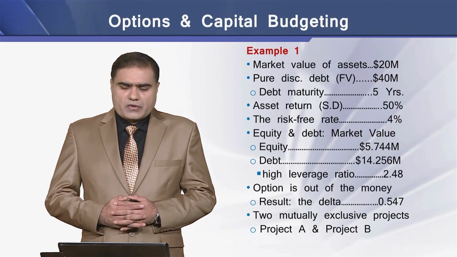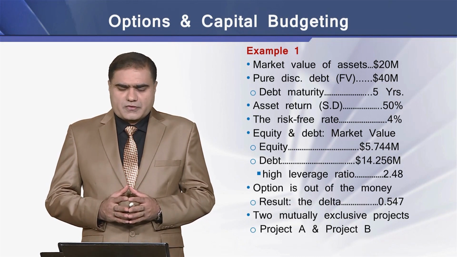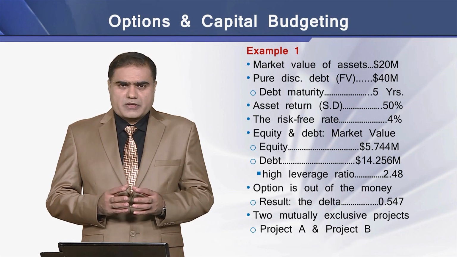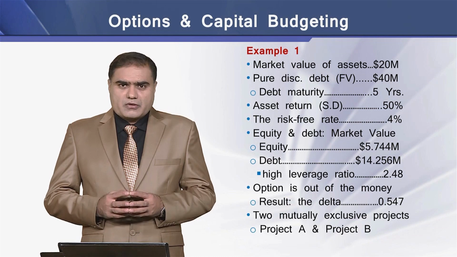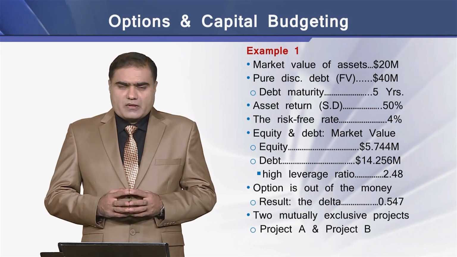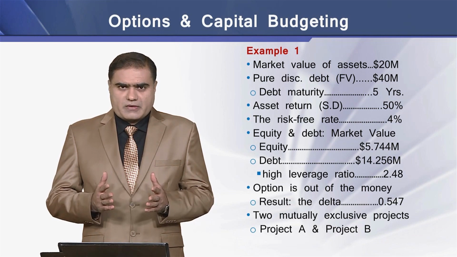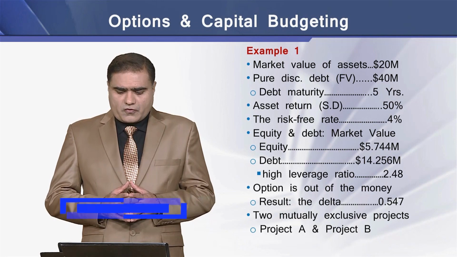In example 1, we have the market value of assets to the tune of 20 million. The firm has pure discount debt with the face value of 40 million with the maturity of 5 years. The assets' standard deviation of return is 50% and the risk-free rate is 4%.